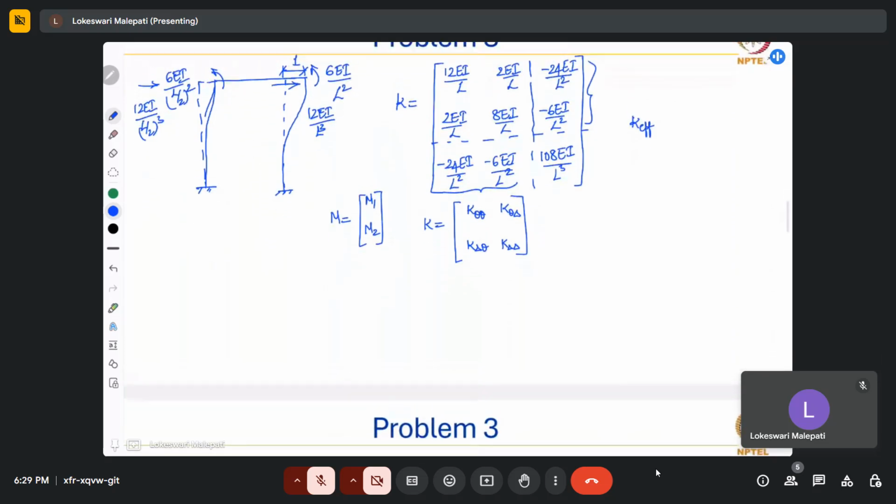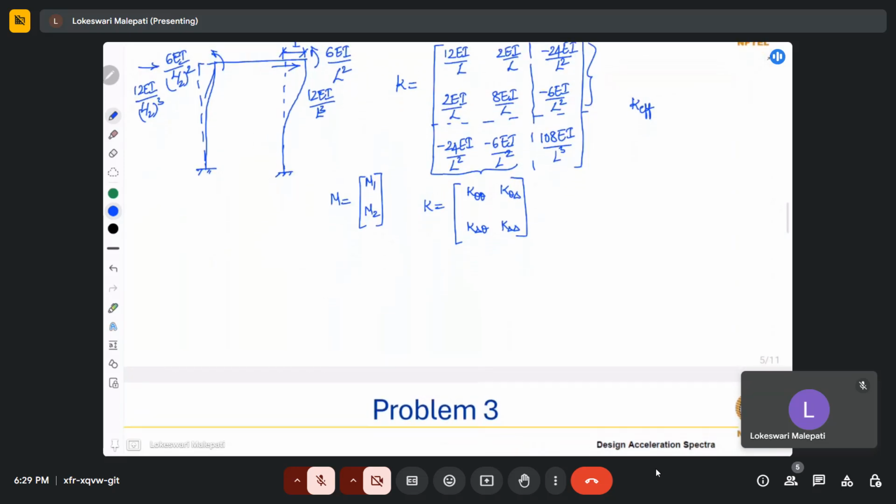So now we can find out the relation. Since we have no external moments M1 and M2, we can write the relation for theta, where theta is again the column vector theta 1 and theta 2.